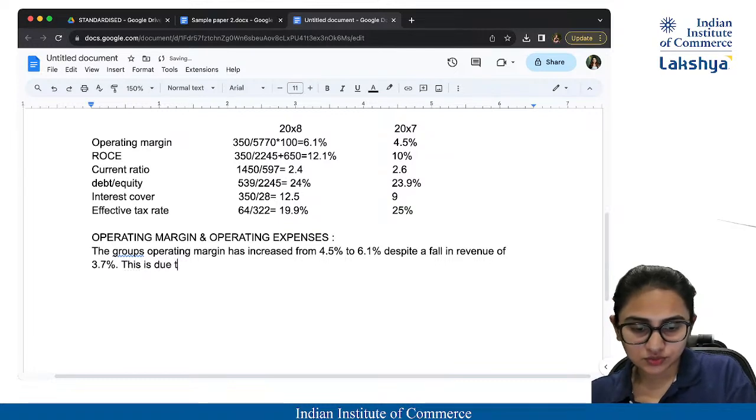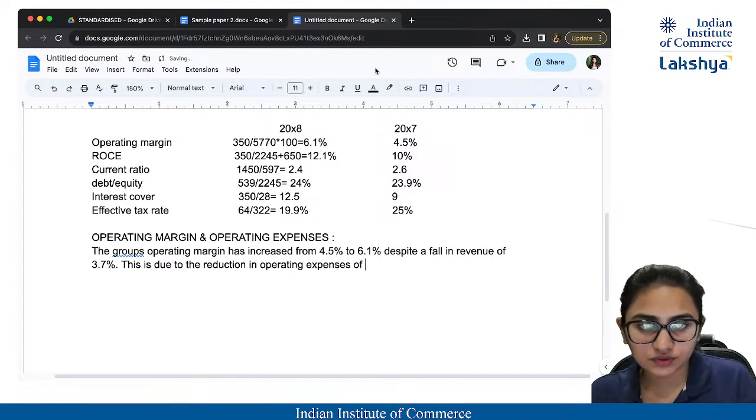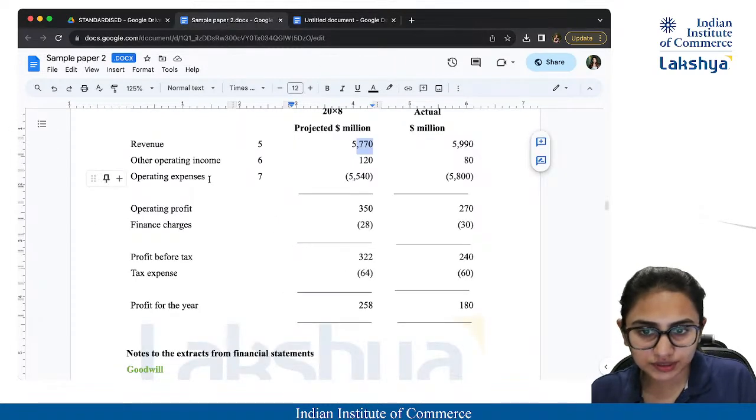This is due to the reduction in operating expenses of, what is the reduction in operating expenses?